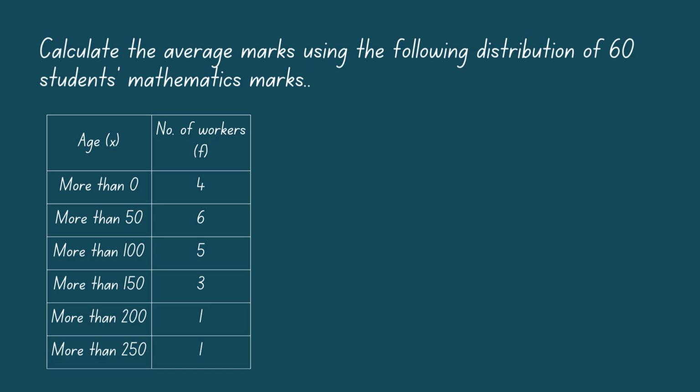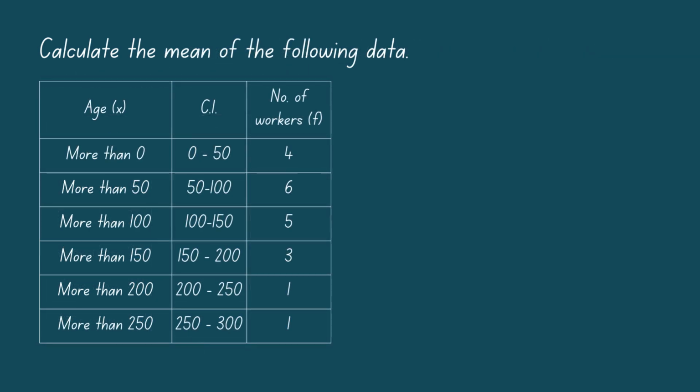So here again, it's going to be the same. 0 to 50, 50 to 100, 100 to 150, 150 to 200 and last one 250 to 300. Okay, so for any open-ended class intervals, we are going to look at the pattern and decide on the class width. And based on that, we are going to use the same formula and calculate the arithmetic mean.